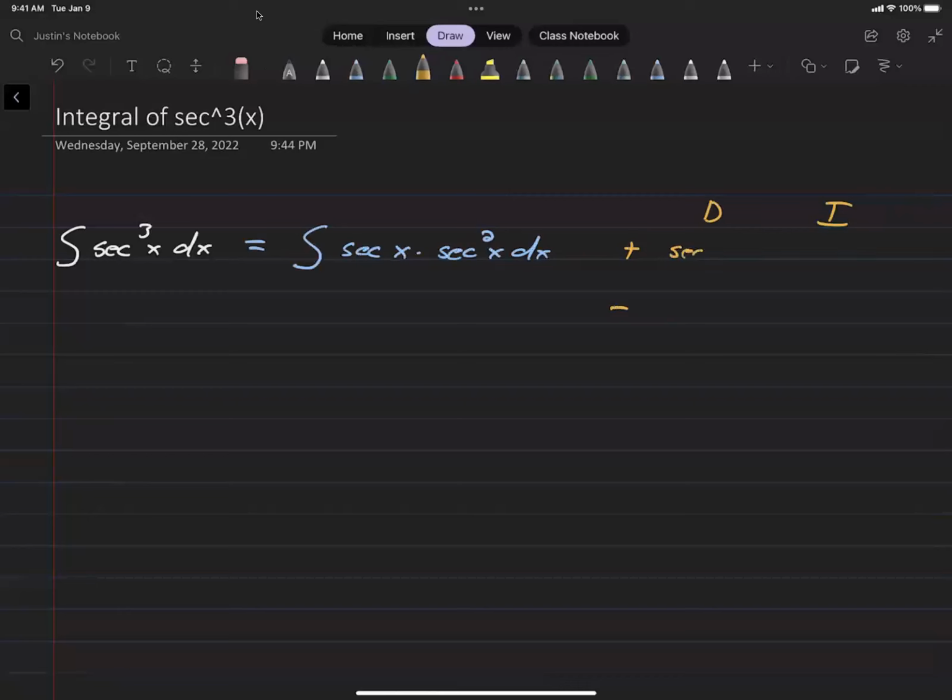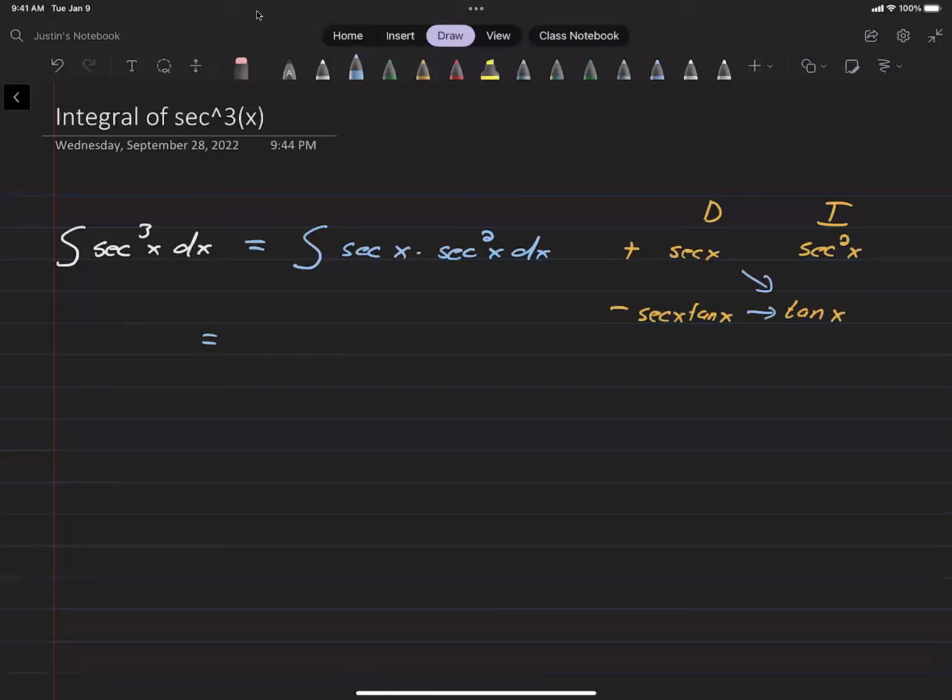Let's derive secant x, and let's integrate secant squared. So I know the integral of secant squared is tangent, and I know the derivative of secant is secant tangent. So using DI method, go like this, then like that. Let's see what this does for us.